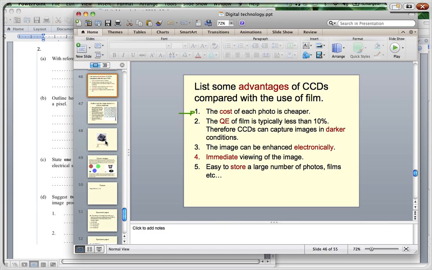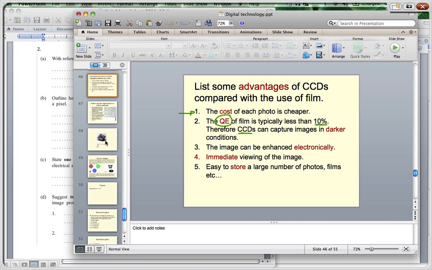We can store it digitally, and we can even print it ourselves. The quantum efficiency of film is typically less than 10%, so CCDs, which have a higher quantum efficiency, can capture images in darker conditions.